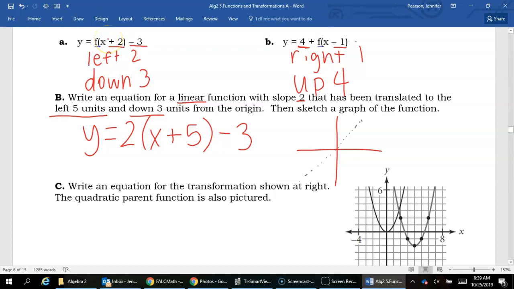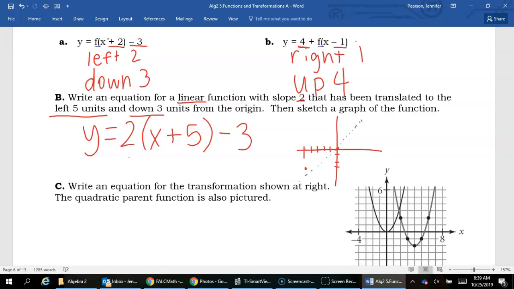So if I am translating that line, I would go 5 units to the left, 1, 2, 3, 4, 5, and 3 units down, 1, 2, 3. So that means the line that originally hit the origin is going to go 5 over and 3 down. And so now it's hitting this point instead of that point.